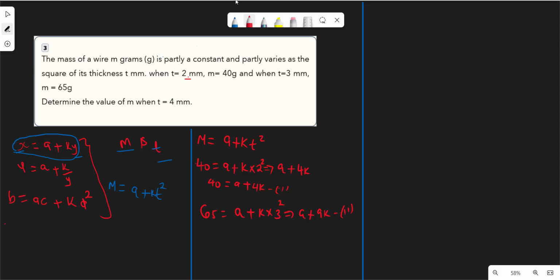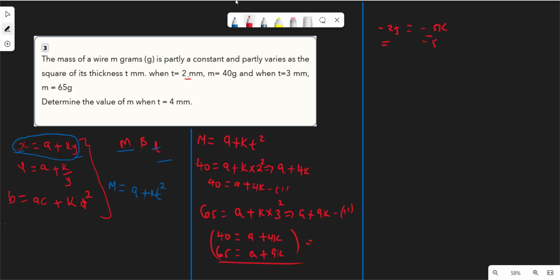We take these equations and solve them simultaneously. The first equation is 40 equals a plus 4k. The second equation is 65 equals a plus 9k. We use the elimination method to solve this. We subtract the two equations, and when you subtract them, we get negative 25 equals negative 5k.